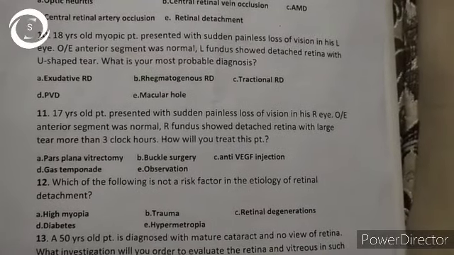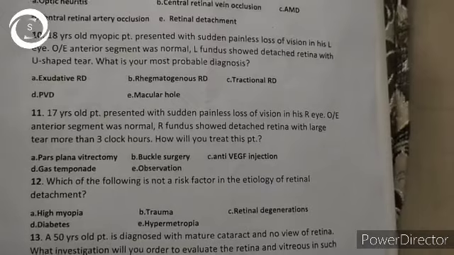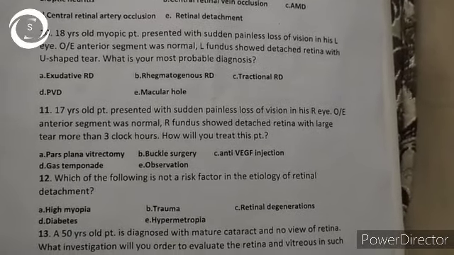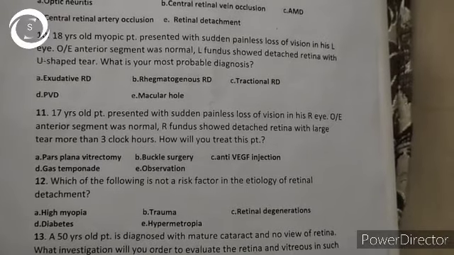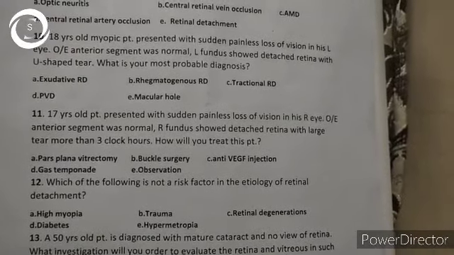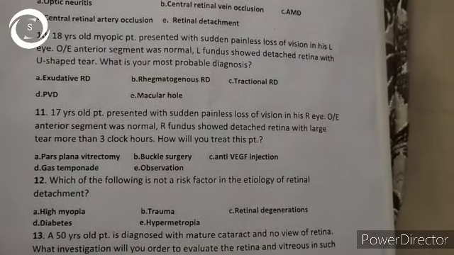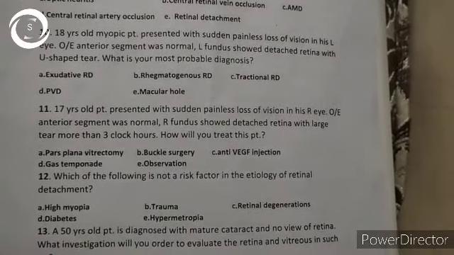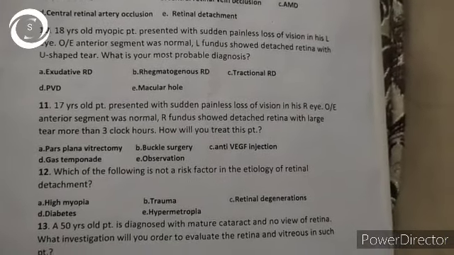Now giant retinal tear cannot be closed by external tamponade like buckle. You cannot observe it. You cannot give anti-VEGF injection or gas tamponade for such a large tear. So you have to perform internal approach of pars plana vitrectomy. So question number 11 has option A, pars plana vitrectomy.